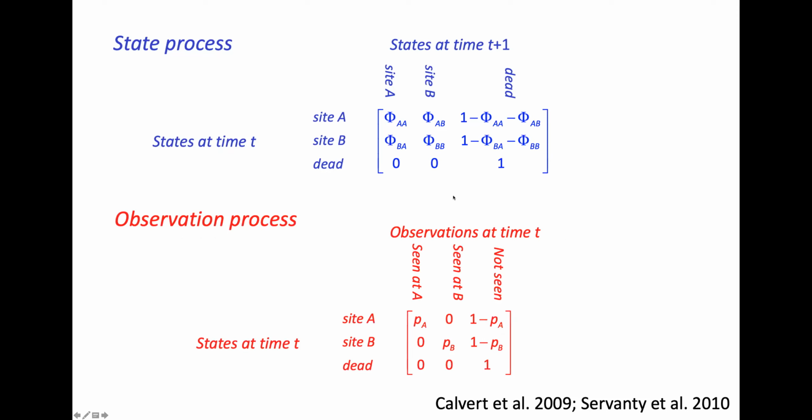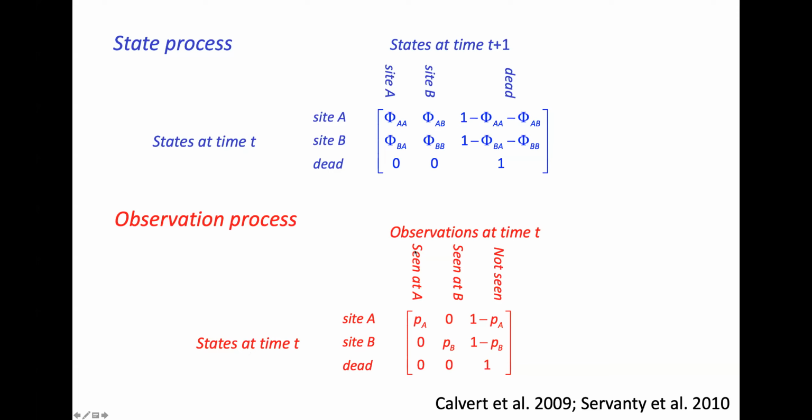And for the observation process, we will need the detection probabilities, and we'll put them in a matrix as well. The only thing you need to notice is that now we have the observations in columns, and we have the states at time t in rows. So it's the same time where you do the observation at time t as well. So you are alive in site A, B, or you're dead. And then conditional on those states, you do the observation.